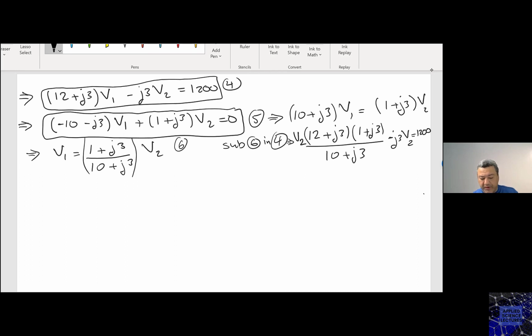Now I need to simplify this. So the best thing to do is go from the rectangular format to the polar format in order to simplify that.